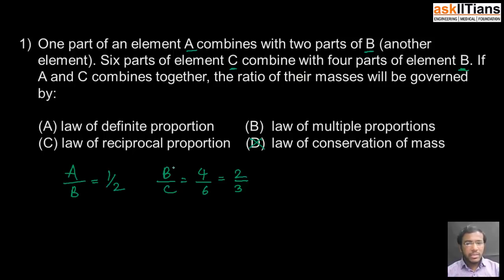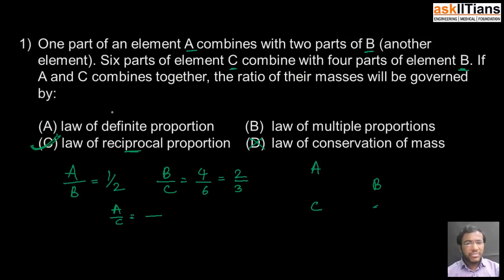Here A is combining with B, and here B is combining with C. If A and C combine together, the ratio of A and C is governed by the law of reciprocal proportion, which we have learned: if 2 elements A and C combine with the same mass of another element, then the ratio in which A and C combine is governed by the law of reciprocal proportion. So C is the correct option.